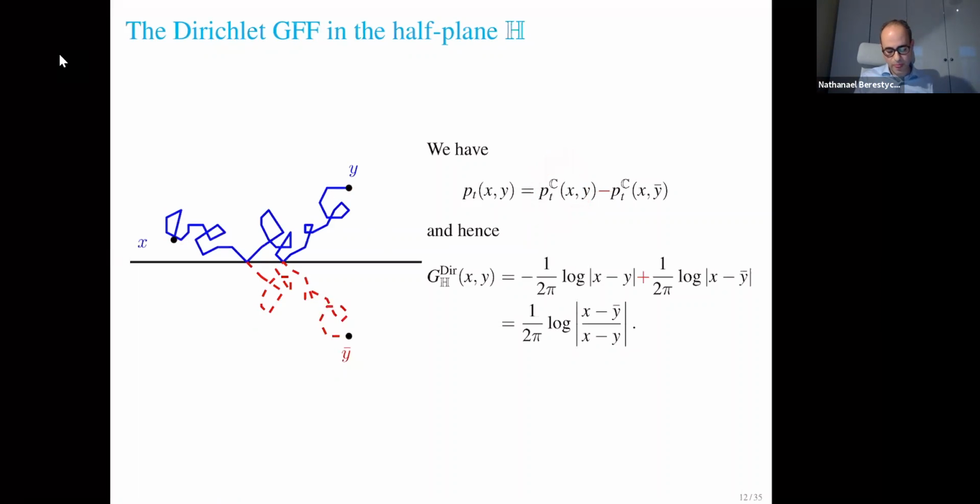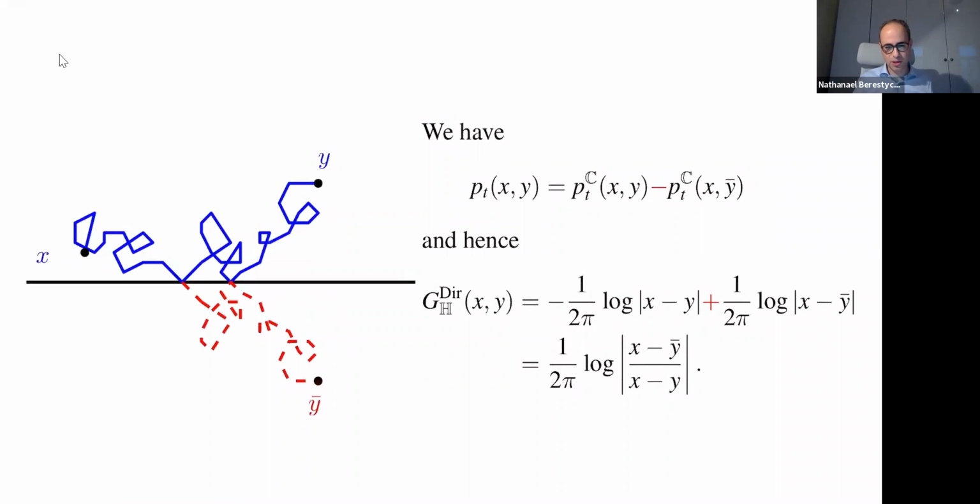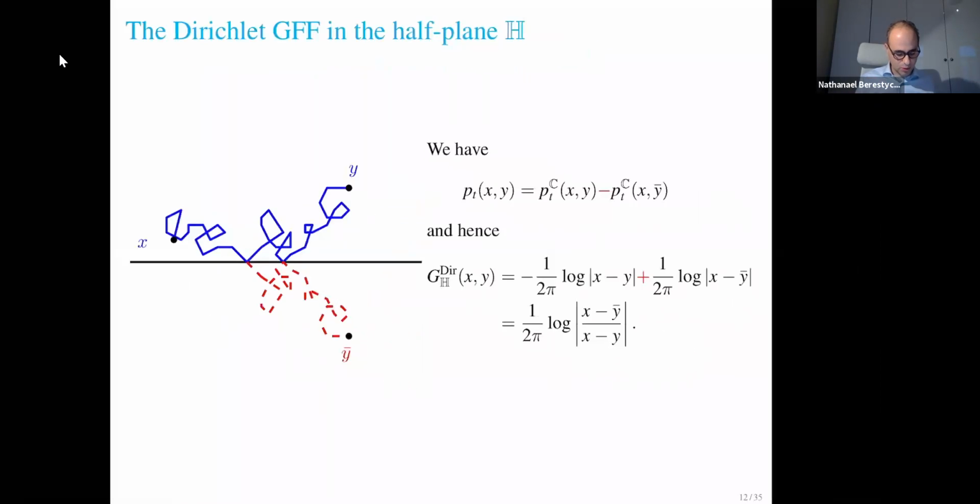That's this term, but I've got to subtract those that end up in y bar. That's just the reflection principle. The trajectories that end up in y bar, the symmetric of y, are exactly those that would have touched the boundary. So that's one way to think about it.